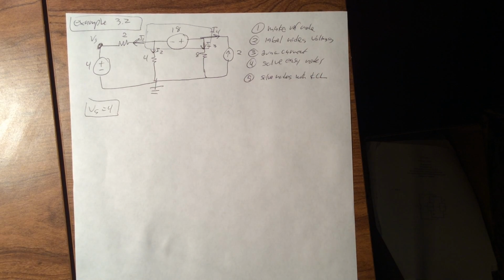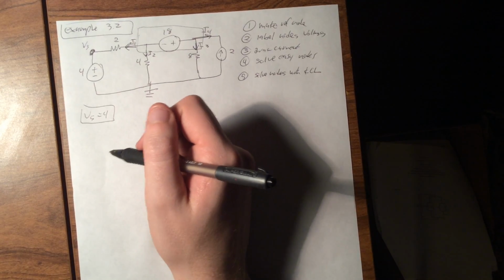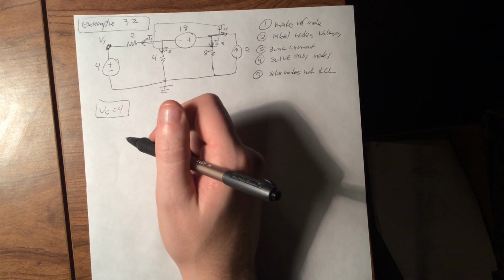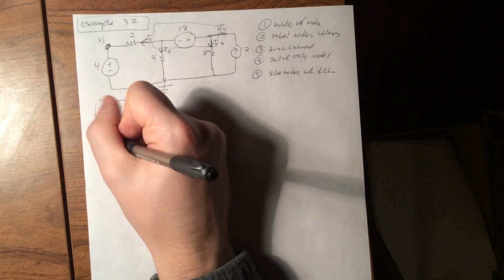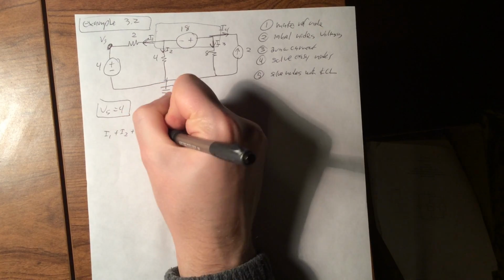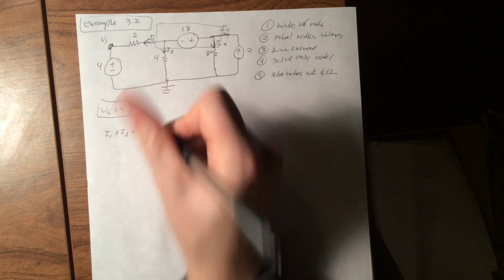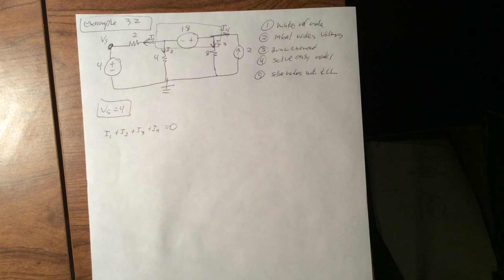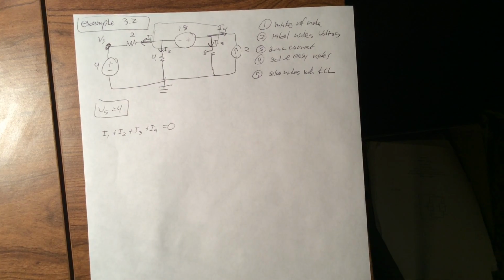We are going to look at the node analysis, which says current coming into a node equals current coming out. So I1 plus I2 plus I3 plus I4 equals 0 because they're all coming out. That's our equation.